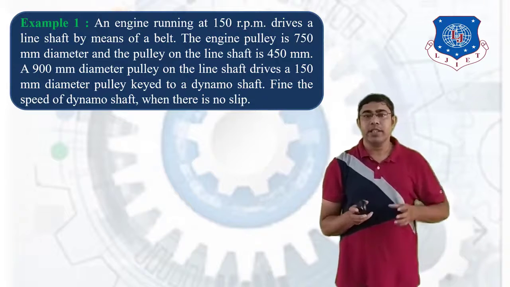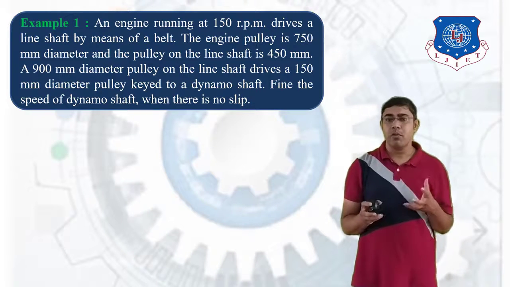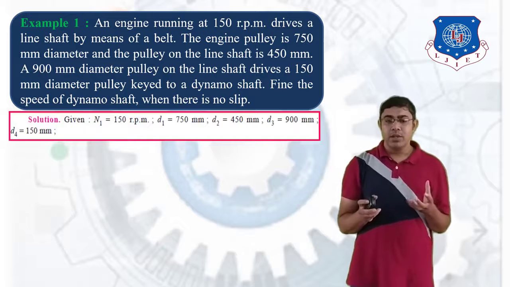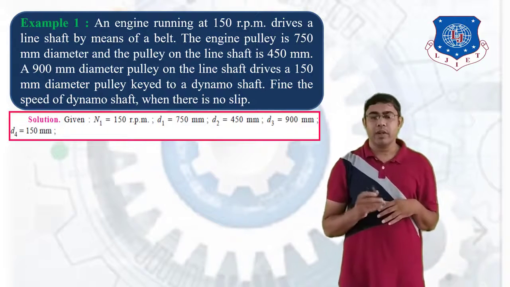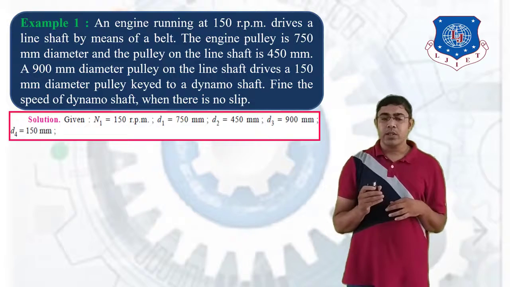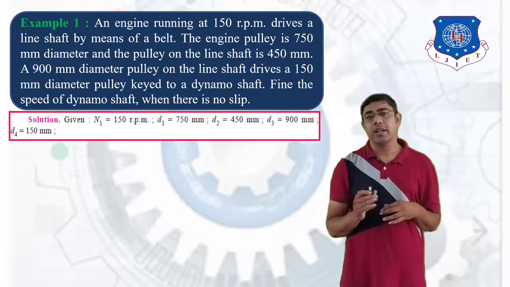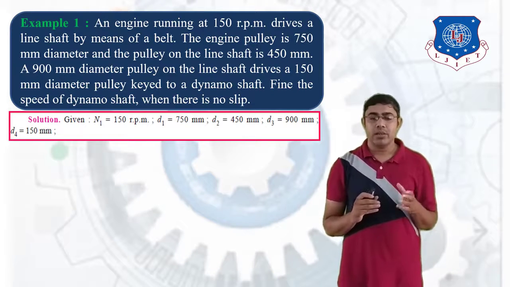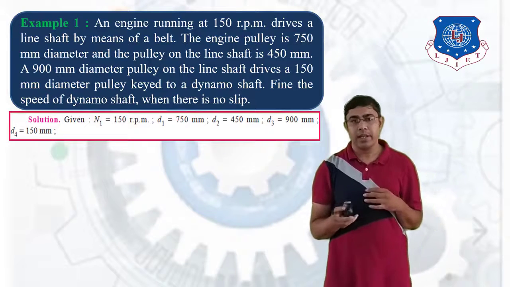According to these configurations, this is a compound belt drive. First of all, we collect the given data: N1 is equal to 150 rpm, D1 is equal to 750 mm, D2 is equal to 450 mm, D3 is equal to 900 mm, and D4 is equal to 150 mm.